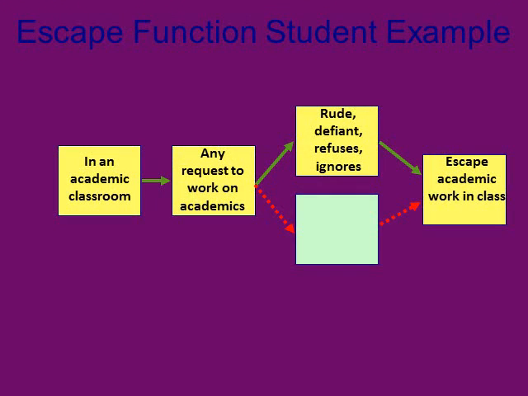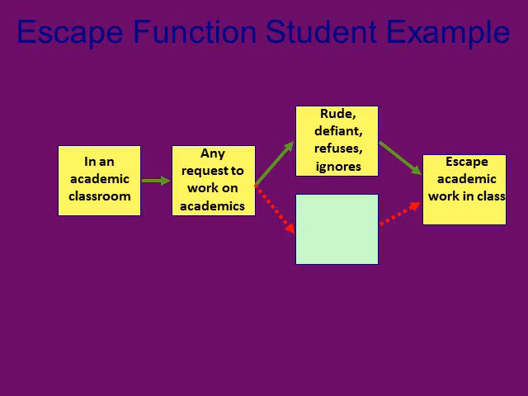Let's look at another one. The setting event is an academic classroom. The antecedent is any request to work on academics, and the behavior is rude, defiant, refuses, ignores, and the maintaining consequence is to escape academic work in class.